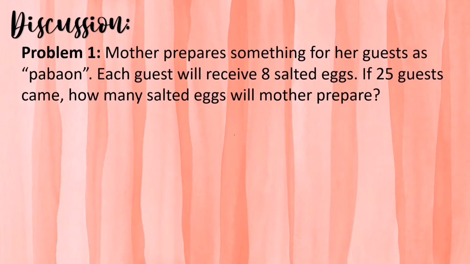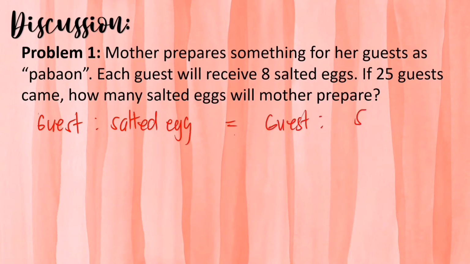So dito, ang magiging ratio natin is guest is to salted eggs is equal to also guest is to salted eggs. So yung unang ratio is each guest will receive 8 salted eggs.